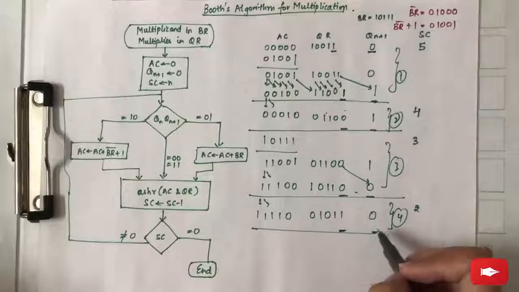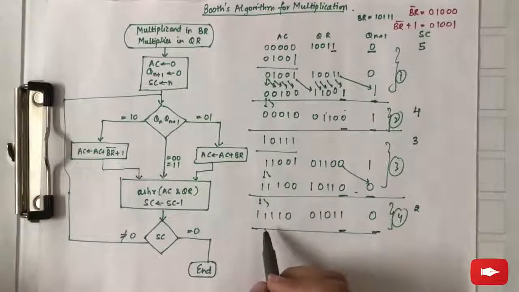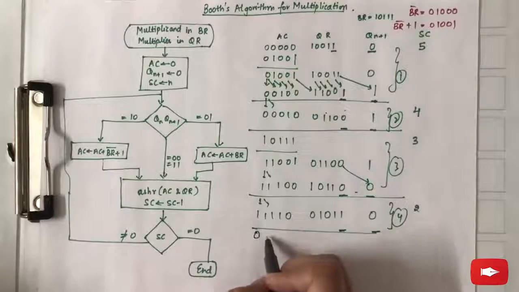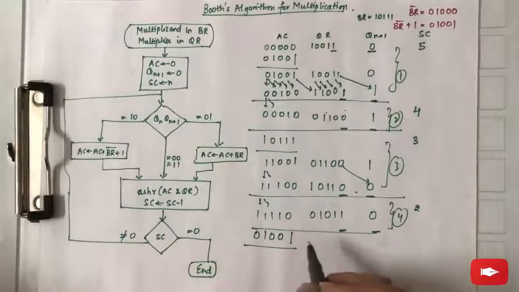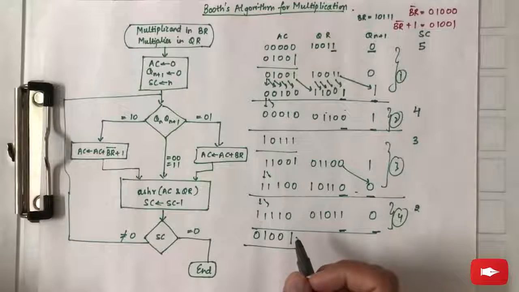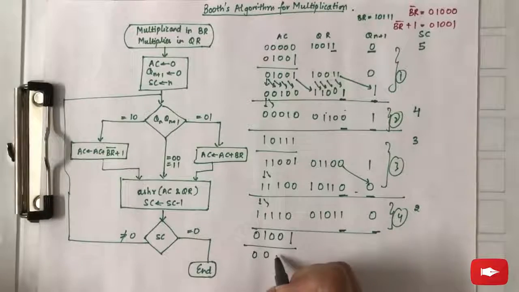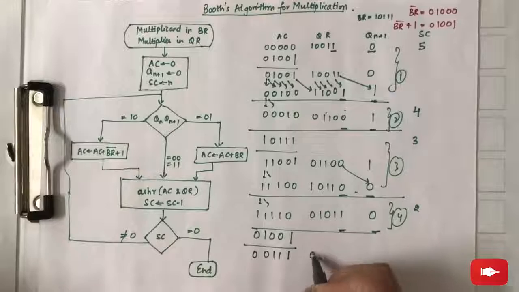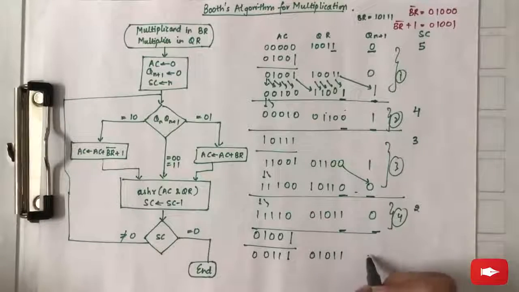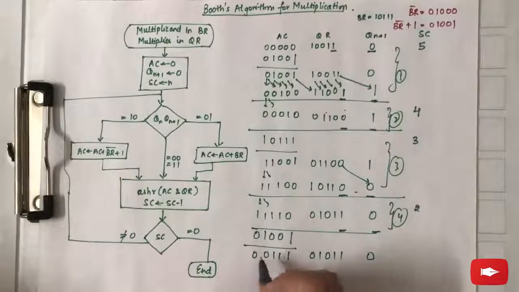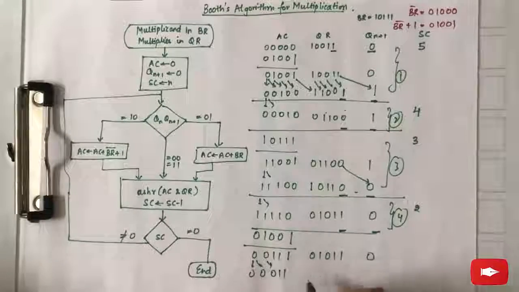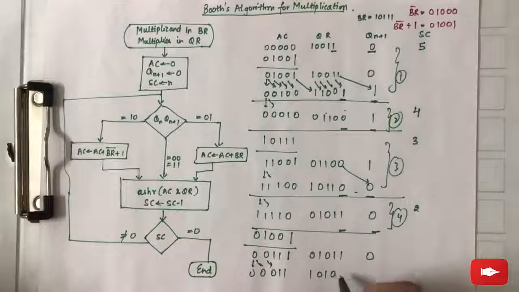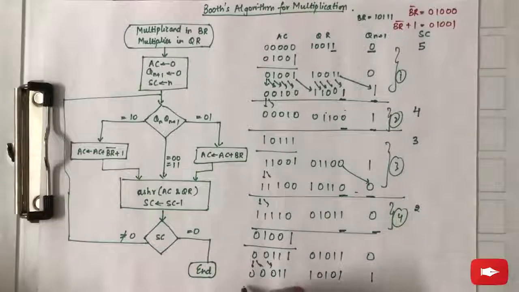Now checking the value, that is a 1, 0, that means adding the 2's complement of BR to this value 01001, you will get the value 0011010110, and now performing a shift right, you will get 0001110101 and a 1 here.